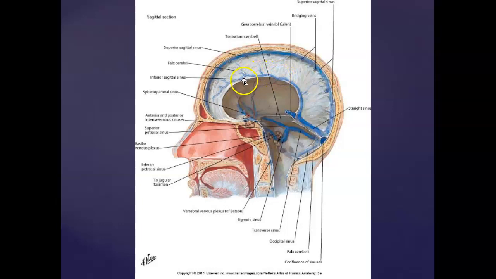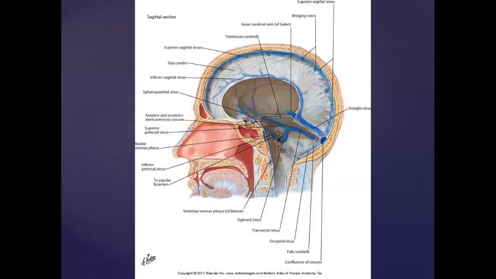That's going to be over that corpus callosum right here. That's going to drain into the straight sinus, which comes in right at midline, but then it's going to split to have those transverse sinuses on each side. Here we're just looking at the right side, obviously, but that straight sinus comes into the confluence of sinuses. That transverse sinus goes to the sigmoid sinus, where it will then enter into the jugular foramen, right there, meeting the internal jugular vein.